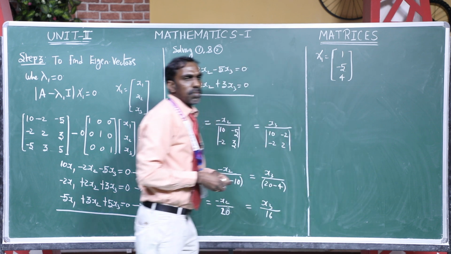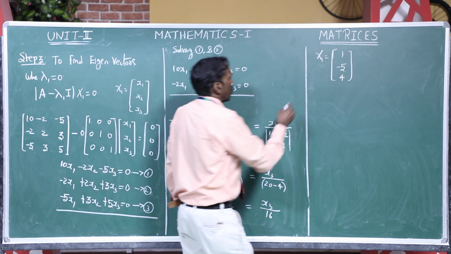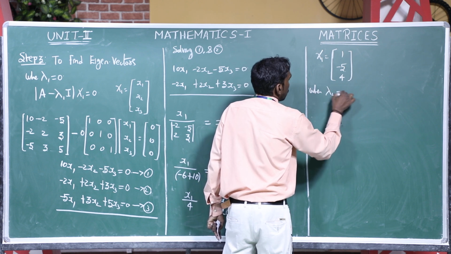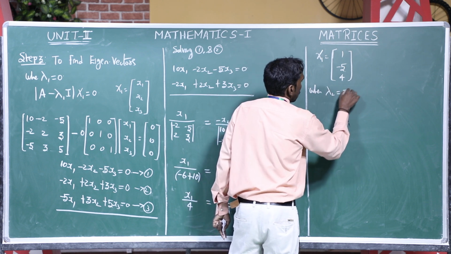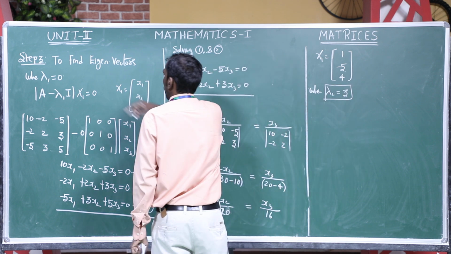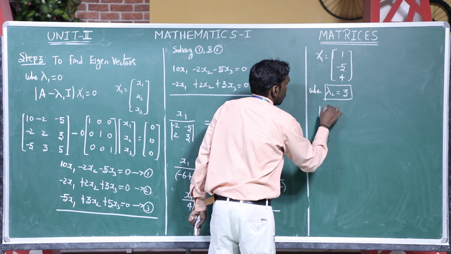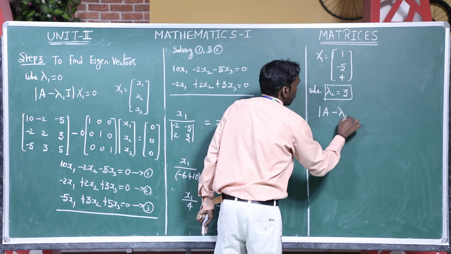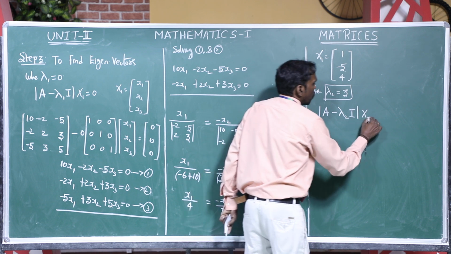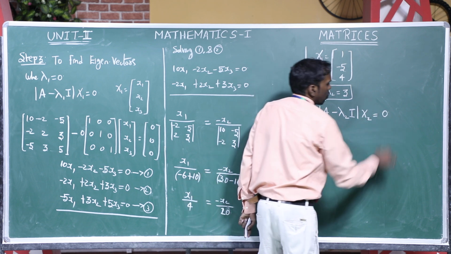The next, similarly we find the x2 vector. When lambda 2 equals 3, the same formula applies: (A minus lambda 2 I) into the x2 vector equal to 0.